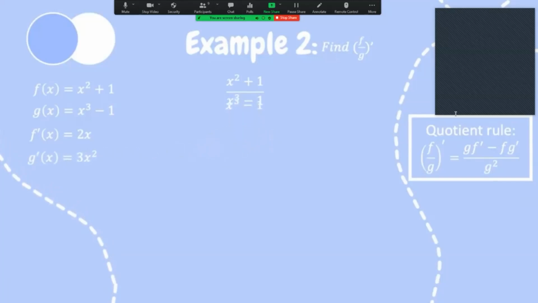Okay, now we substitute everything into the equation. So the derivative of f divided by g equals x to the third minus 1 times 2x minus x squared plus 1 times 3x squared, divided all by x to the third minus 1 squared.